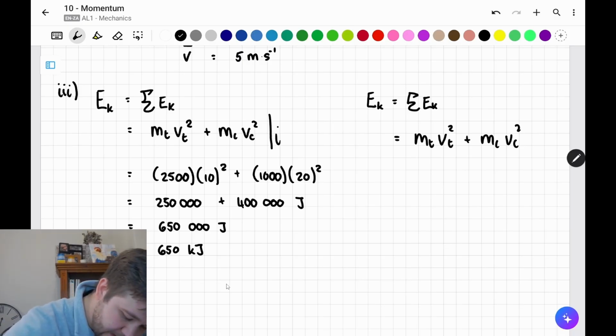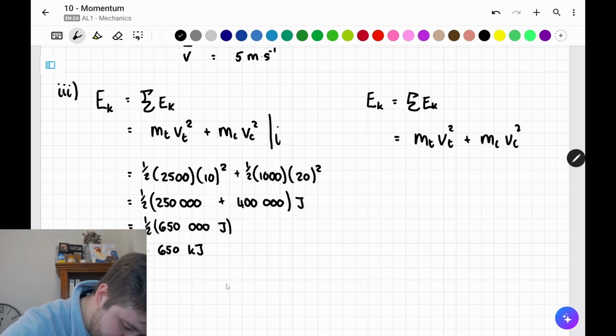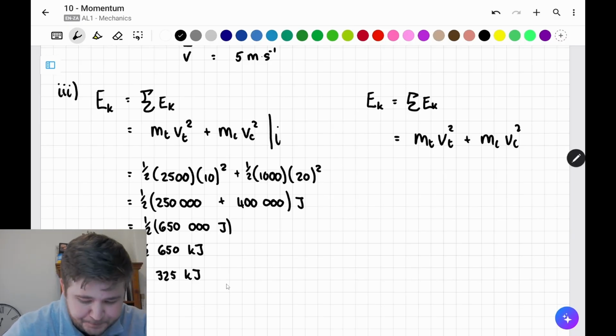Oh, I seem to have made a little mistake here. This should be a half in both cases. So simply put, we can factorize that out, and we can simply take it as half of 650,000, which is 325 kilojoules, if I'm not mistaken.